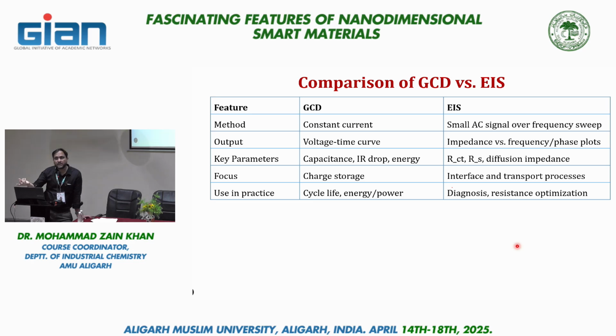So it will give you an idea about the transport phenomena or the mass transfer processes occurring in the system. From GCD we calculate the cycle life, the cycling ability, and we also calculate the energy and power, and EIS is basically used for diagnosing the system's transport phenomena and the resistances.